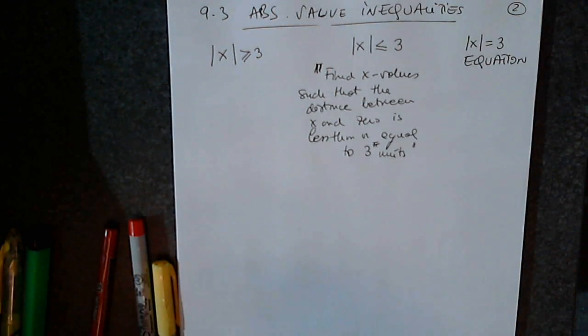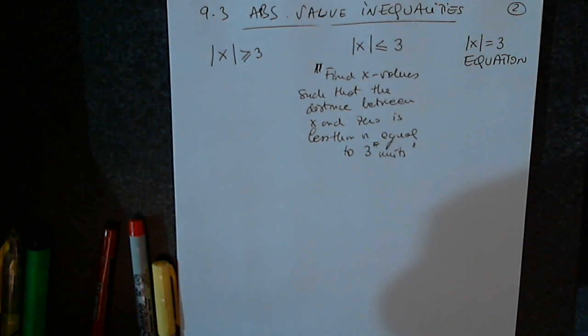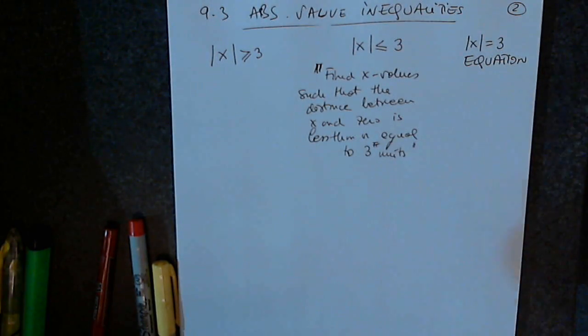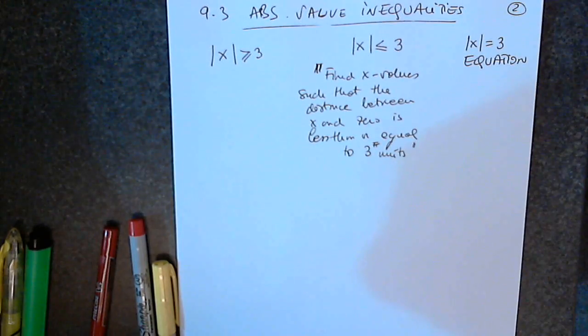Okay. How many numbers have the distance from 0 exactly 3? And for you, this is negative 3 and 3. These are two numbers whose distance from 0 is exactly 3. Now I have two options. Either these numbers have the distance between 0 and 3 less than or equal to 3 units, or those numbers.